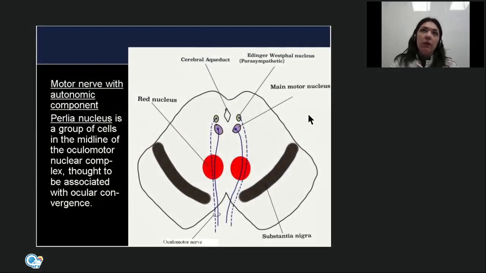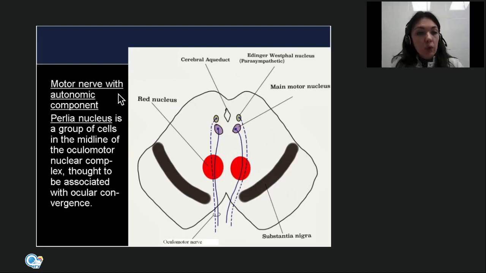So this is a motor nerve with an autonomic component, with autonomic fibers. The motor fibers supply these muscles, which we have already mentioned above. And the autonomic fibers supply the intrinsic muscles of the eyeball, such as the sphincter pupillae muscle and also the ciliary muscle.